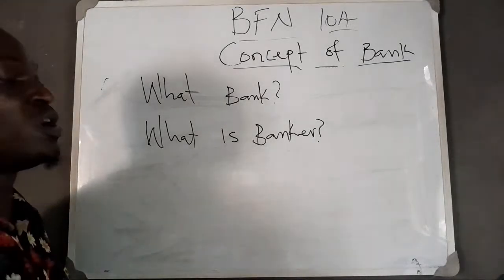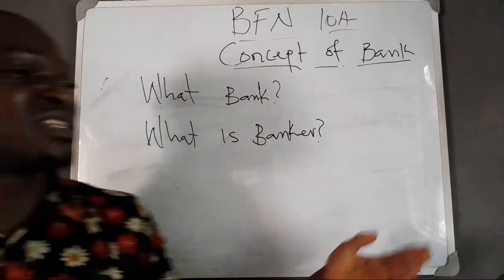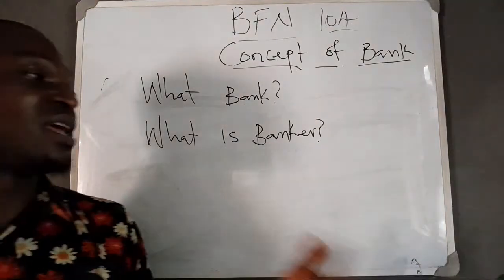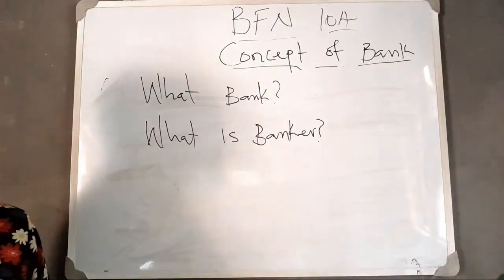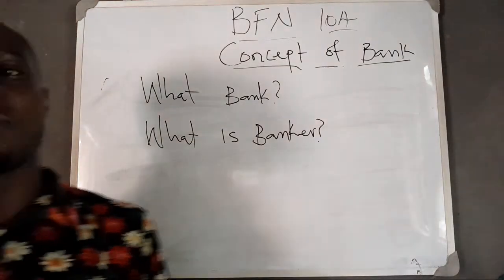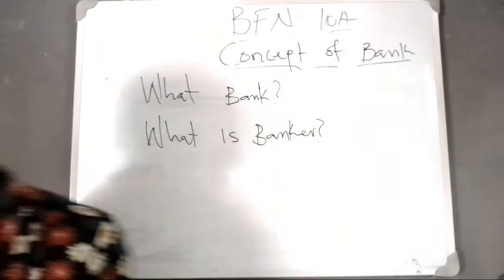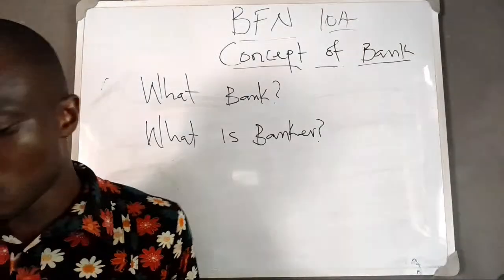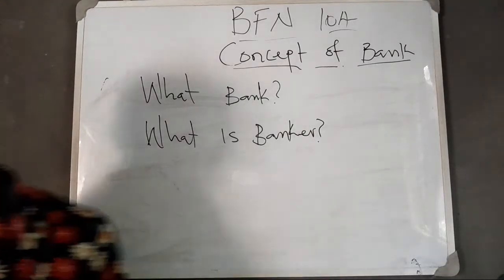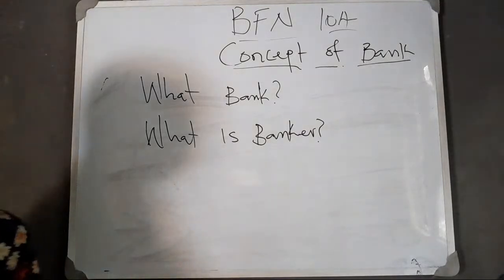We all know what we call moral suasion, which the central bank uses in controlling commercial banks. Or let me just say, there are sometimes where the central bank will order the commercial banks to raise their reserve level to control a particular sector of the economy. So let's quickly move to our next topic, which is the organization of bank.